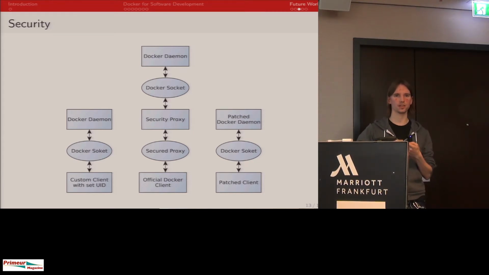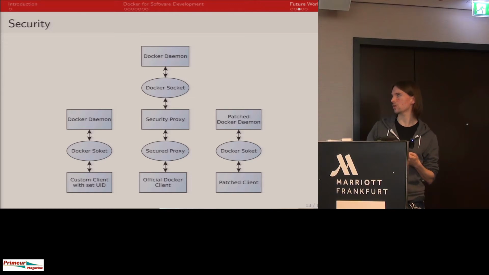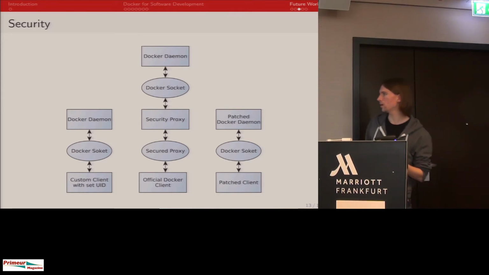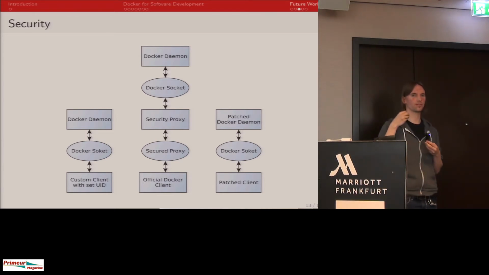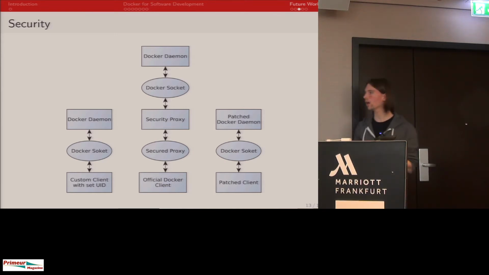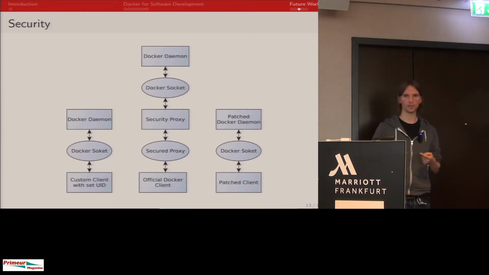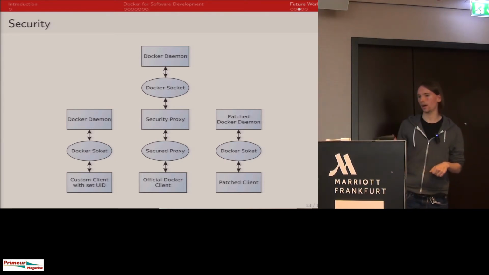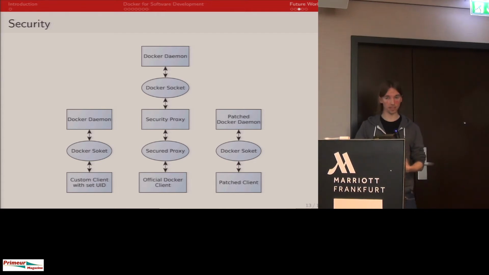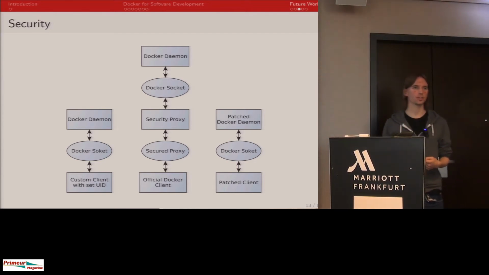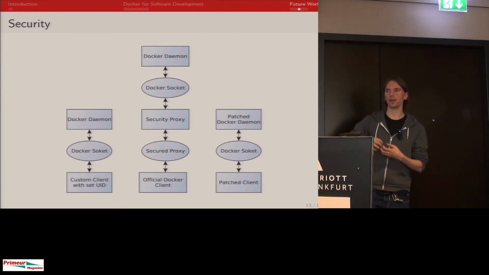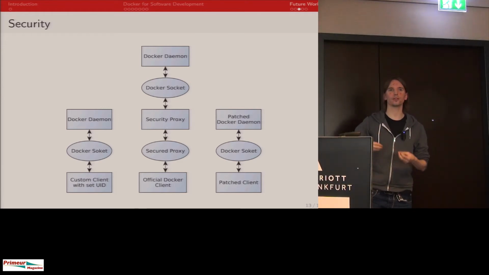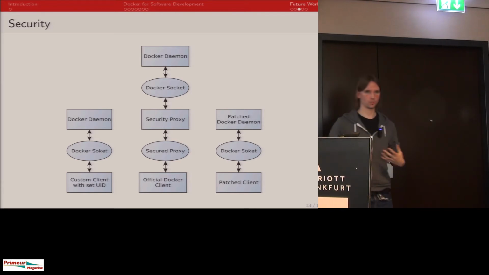When you execute it, you get a different group ID, get access to the Docker socket, and can run it. Second, you write some sort of proxy software that filters your run commands, checks for certain volumes to be mounted and ports to be exposed, and denies the execution if you violate some rules. Or the third solution, which I think would be the best for everyone, is to modify the official Docker daemon and Docker client to make it possible to define some sort of security rules.